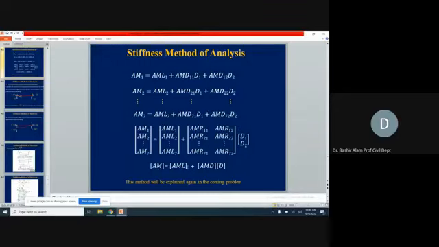So AM is equal to AML plus AMD times D. It used to be AM equal to AML plus AMR times AR, but now it is AM equal to AML plus AMD times D. This method will be explained in the coming problems.